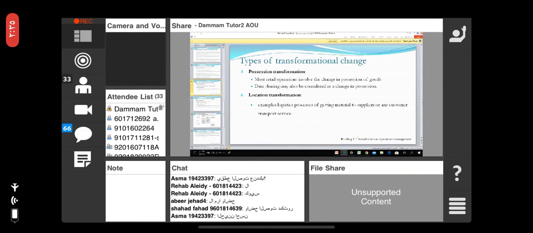They possess goods. They have to have something to possess the goods, because if the customer needs something, it should be ready to be delivered. Or sometimes when you possess information or data, you need to share it, maybe with another organization, or we share it with the customer.